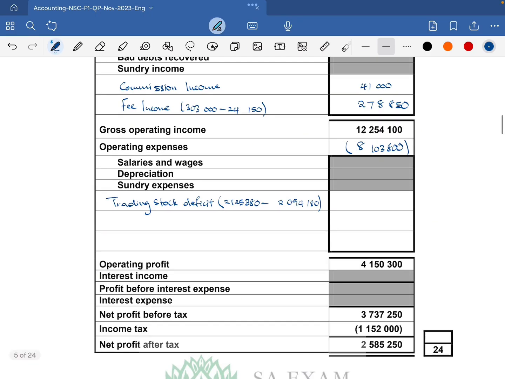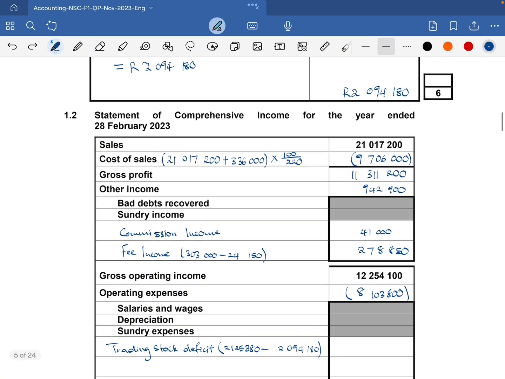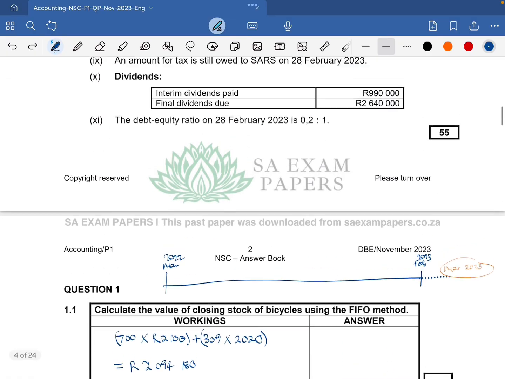Okay, then now we just need to work out our operating expenses, which is just these two line items, and then we'll be done with the statement of comprehensive income.